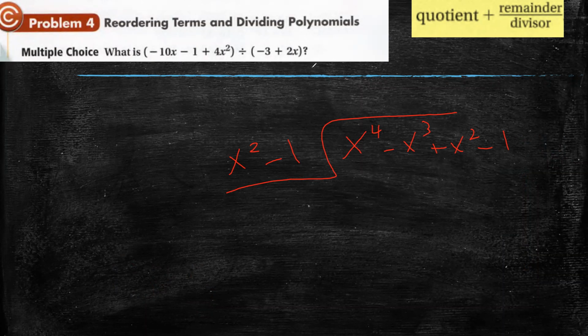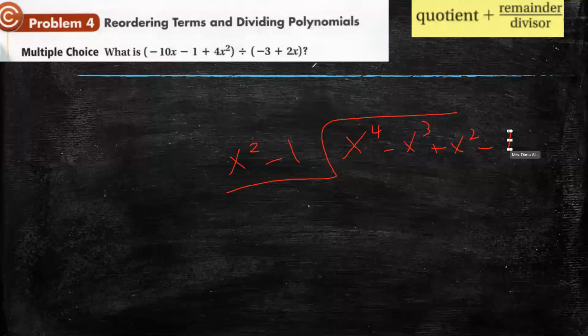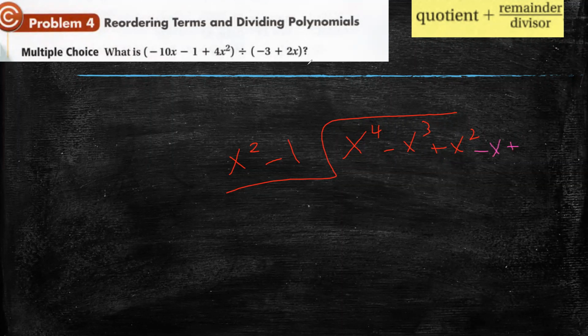What about x? Yes, x is missing. Let's add it now. Let's keep +1 as it is.